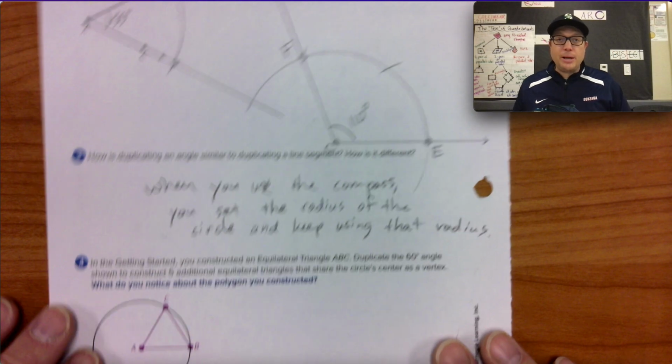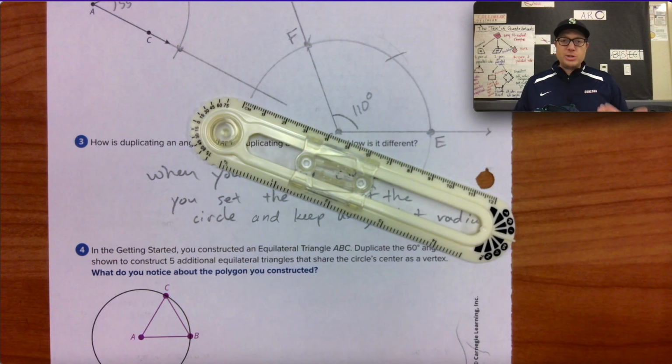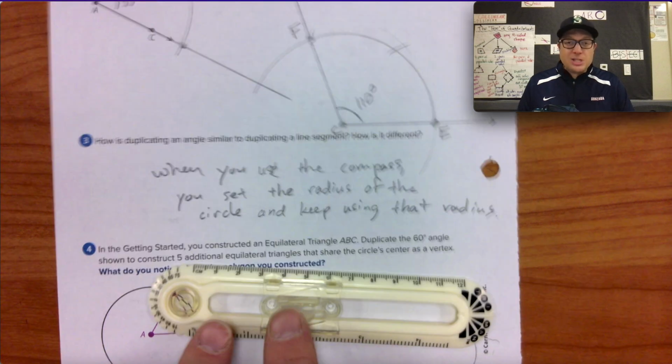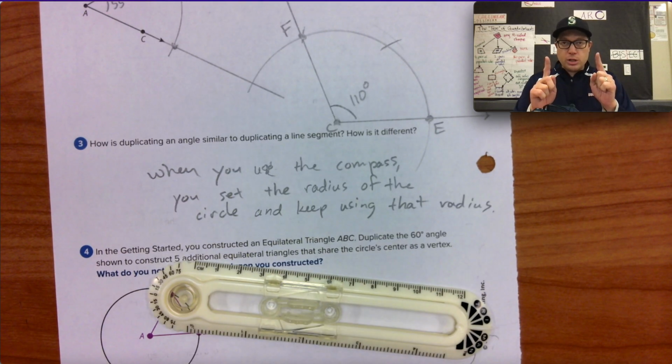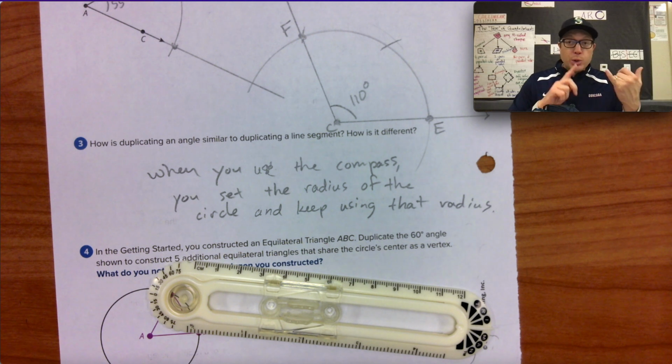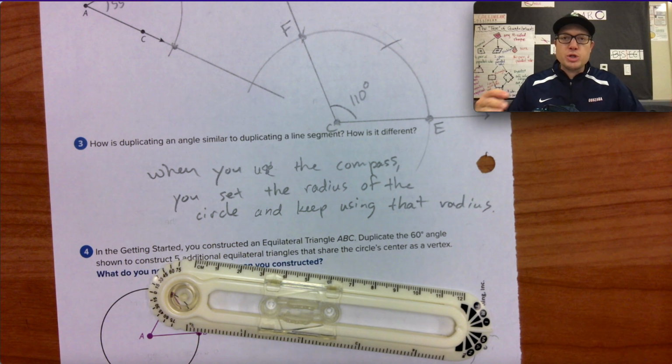That's really what's happening, right? The compass creates circles. And since the compass creates circles, once you set this span out a certain distance and keep using it, it's like it's your measuring device.